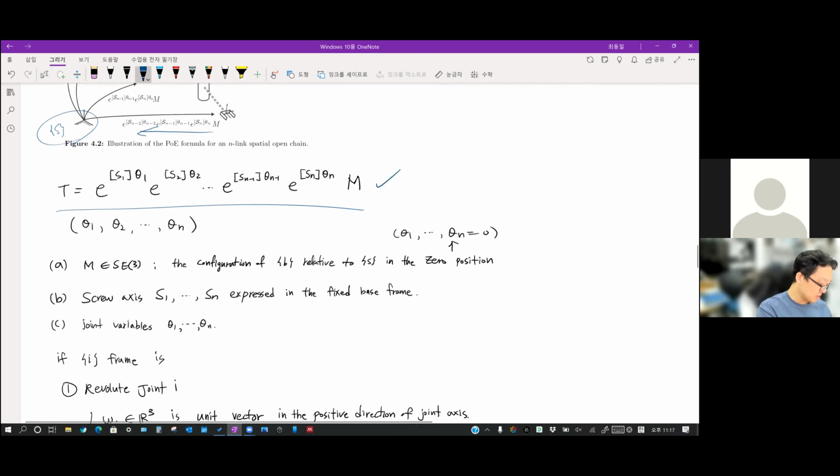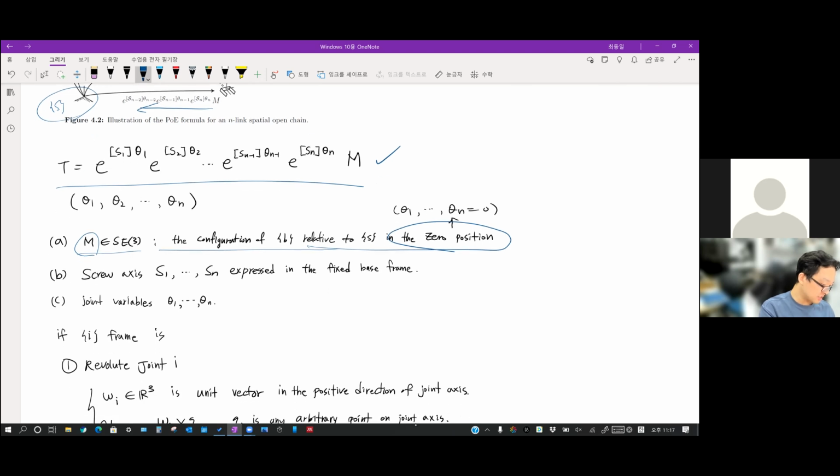So this M matrix, in the special Euclidean group SE(3), is the configuration of the B frame relative to the S frame in the zero position. The zero position means theta 1 to theta n equal 0. And the screw axes S1 to Sn are expressed in the fixed base frame.